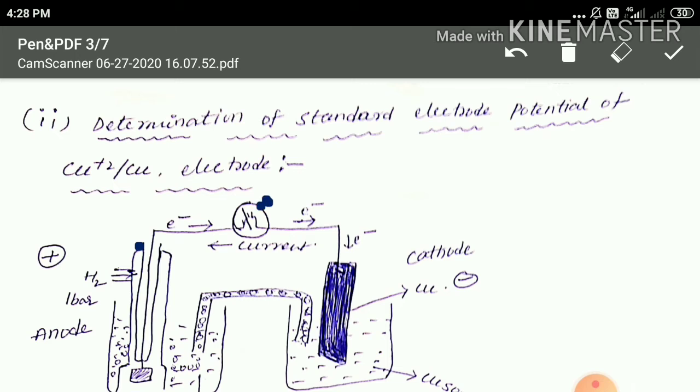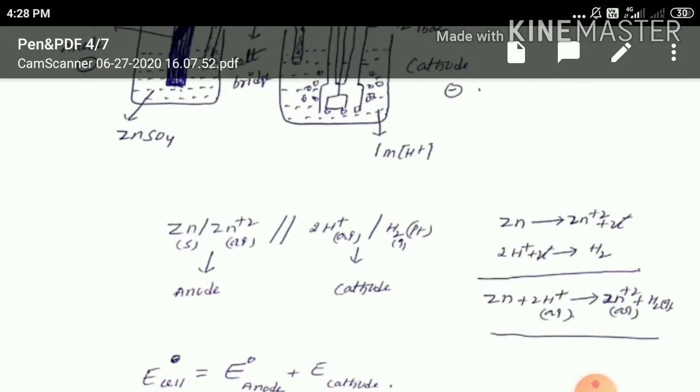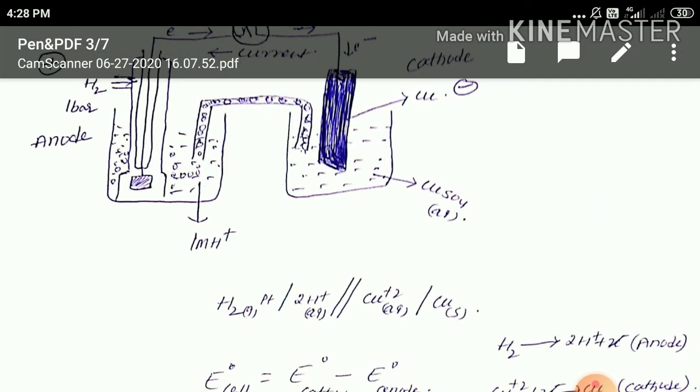Here I am observing the current supplied by this cell. So what happened here? In this case, in the overall cell reaction the hydrogen loses 2 electrons and is converted into 2H plus ions like this. It is the anode reaction.